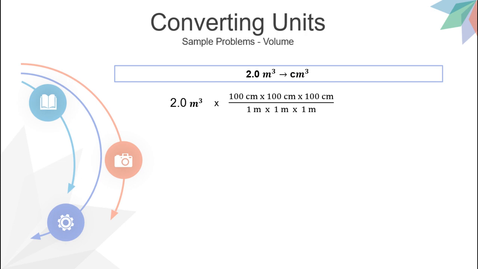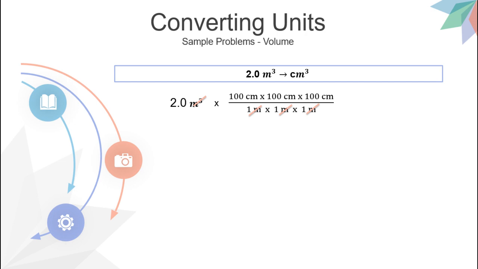That's why on top, it's 100 centimeter times 100 centimeter times 100 centimeter, each multiplied 3 times to itself. That would cover our given cubic meter. So cancel: since there are three M's on top, three M's cancel at the bottom.